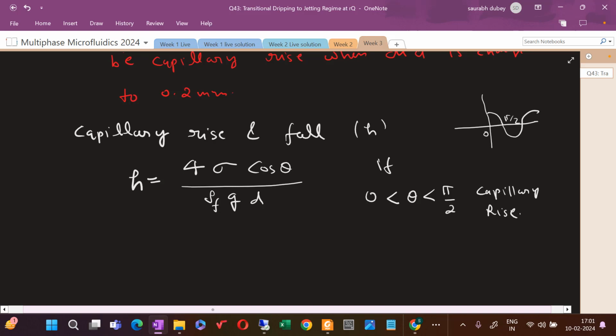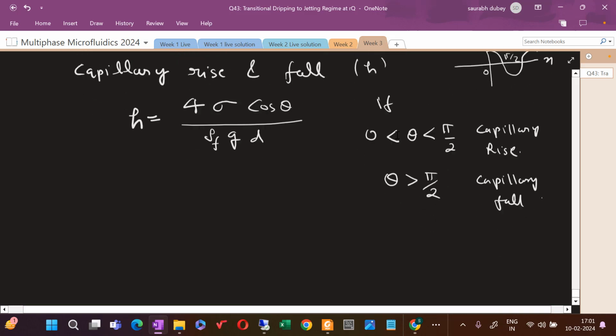Here the value of cos theta is less than 1 and greater than 0, so you will have some non-zero height. But if theta is greater than pi by 2, cos theta becomes negative, and then there will be depression, or capillary fall.